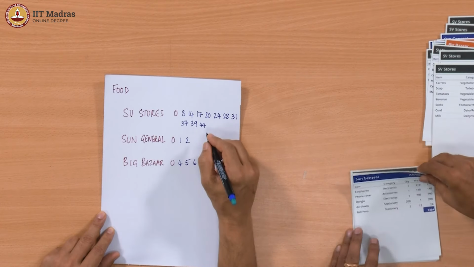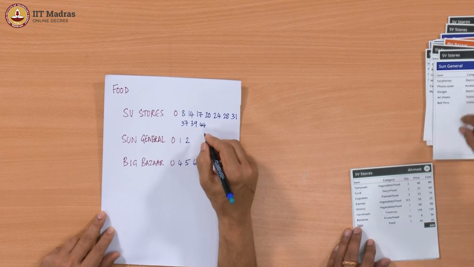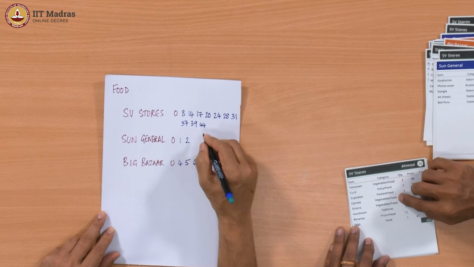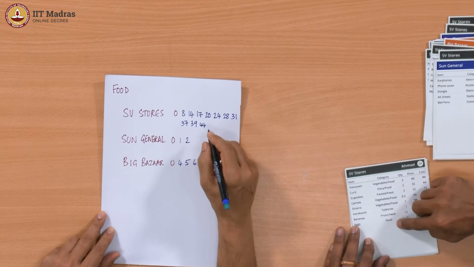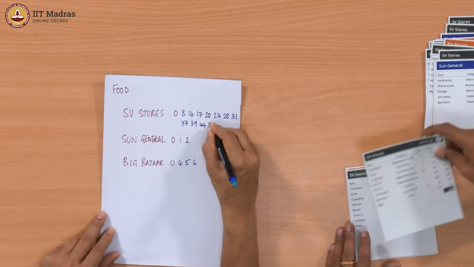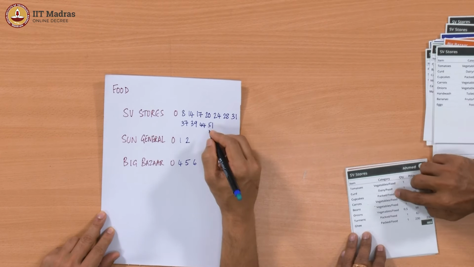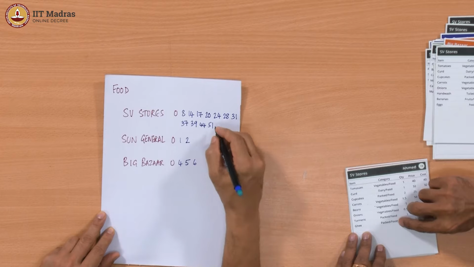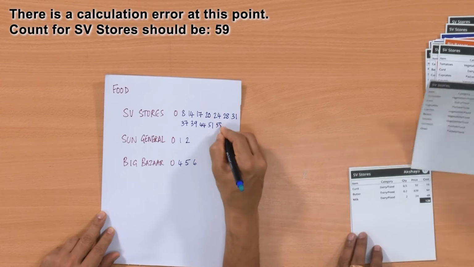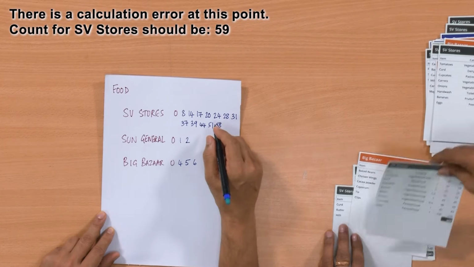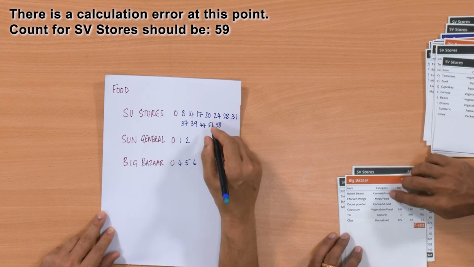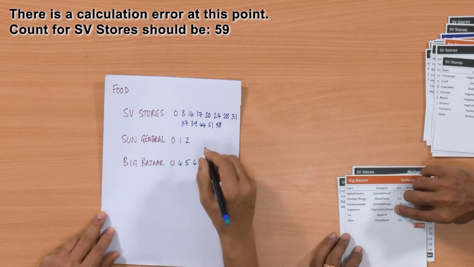None in Sun General, so Sun General is a stationery type. SV Stores 6, then 7, 51. Then 8, 58. Big Bazaar 4, so Big Bazaar 10.